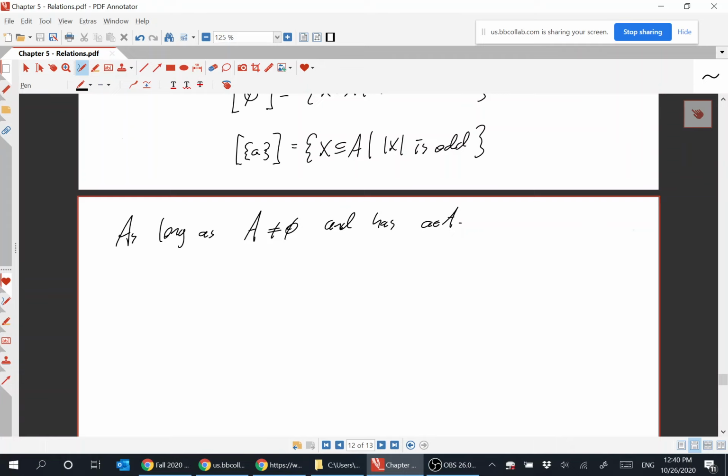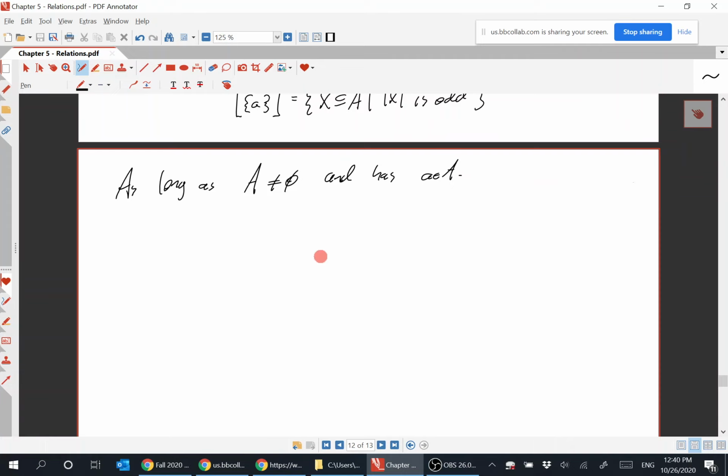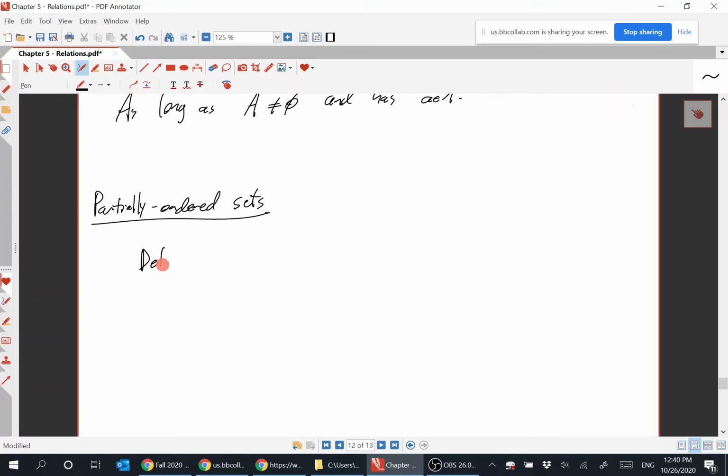So those are equivalence relations, but what about other types of relations, special types of relations, not just random relations? Partially ordered sets. Definition. A relation less than or equal to on A, so we don't use twiddle anymore when you're talking about partially ordered sets.